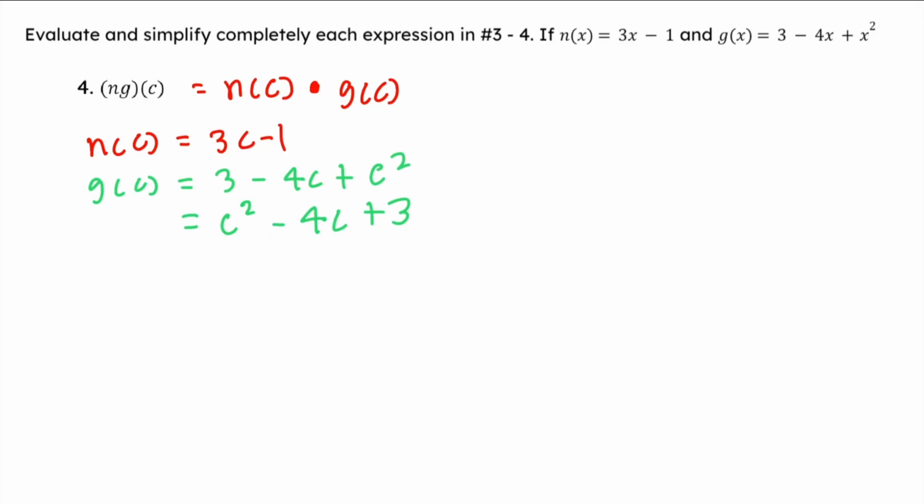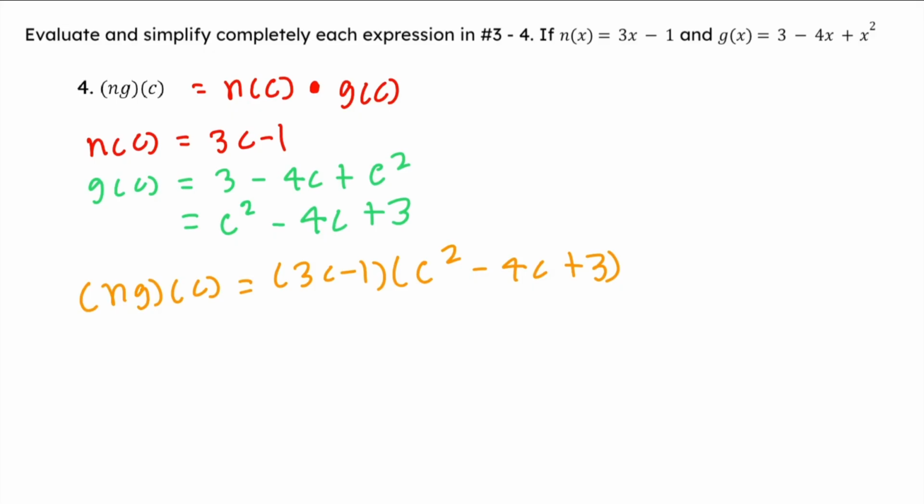Okay, so now that we know what n of c and g of c are, we're going to multiply both of these quantities together. So n times g of c is equal to 3c minus 1 times c squared minus 4c plus 3. And now, to multiply this out completely, we just need to distribute.